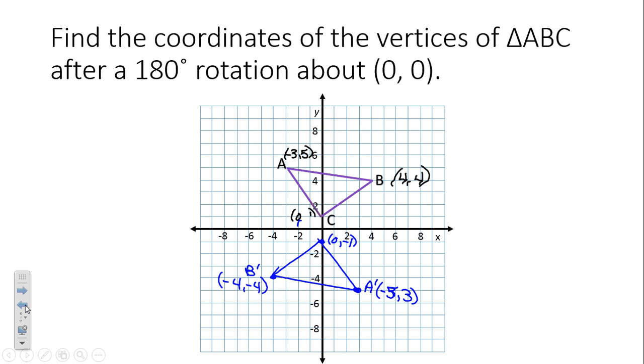Yeah, it should be 5, 3. Five, -3. Let's see, we're switching the... no, should be negative, should be 3, -5. Okay?